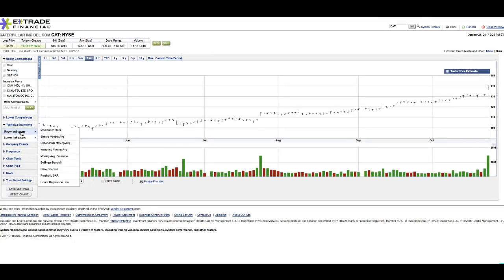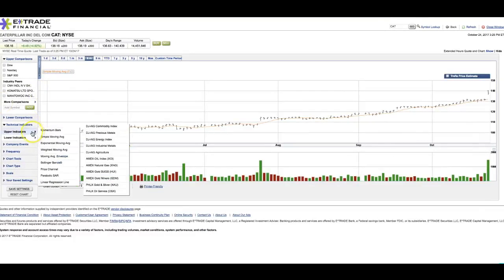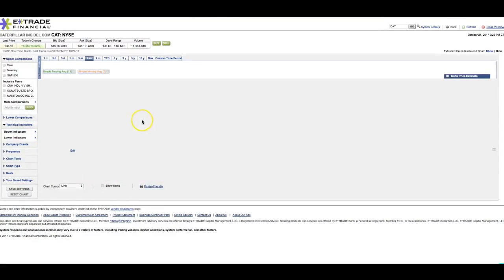And there's all different kinds of moving averages. I just do simple moving average. So I would choose simple moving average, and then I would change the day. So this would be a 7-day here, and I would update that. And then I would do another one. So upper indicator, simple moving average.